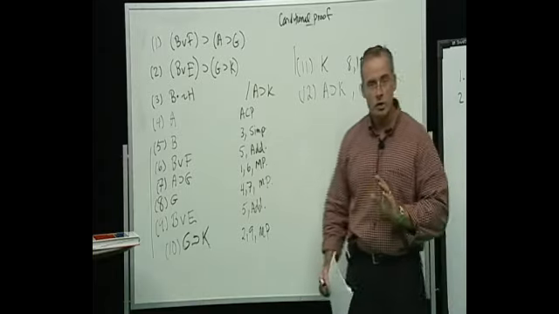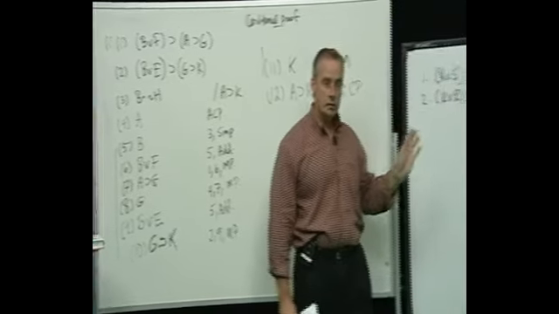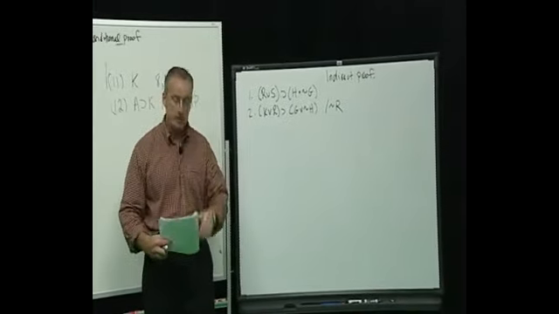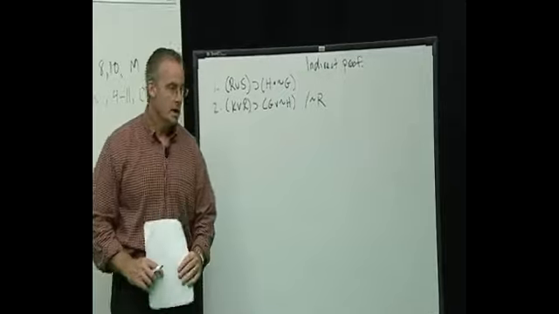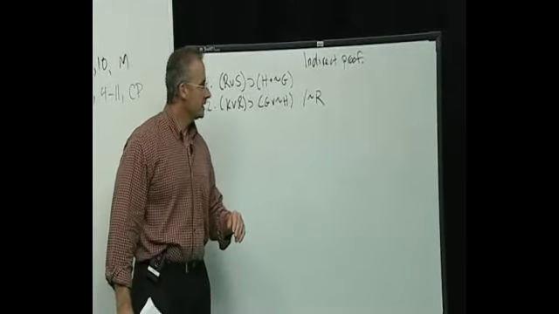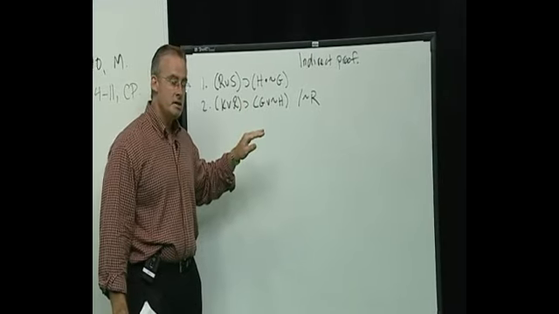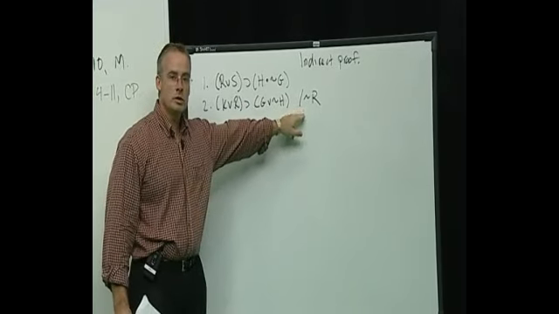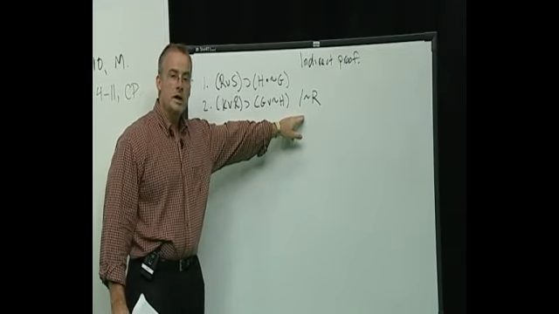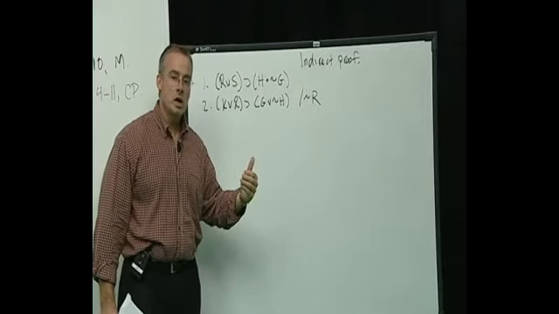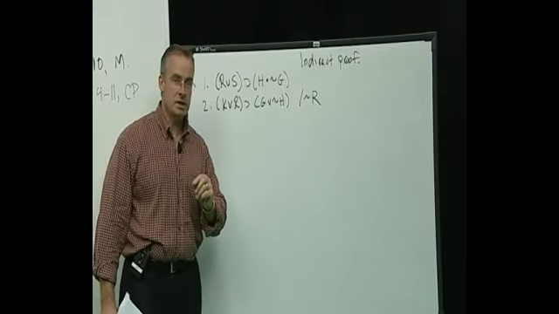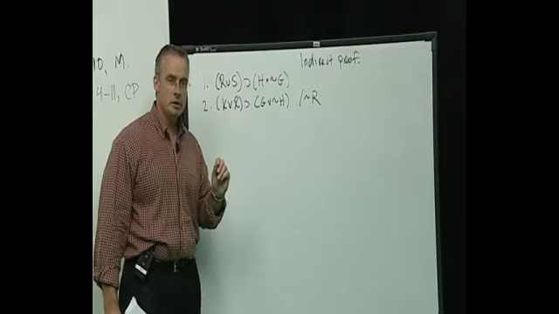That said, I'm going to shift over to the other board so that I can talk about indirect proof. Now, indirect proof is a strategy for proving a conclusion that begins with the assumption that the conclusion is false. This shouldn't be too strange because at the beginning of the last session I talked about indirect truth tables.